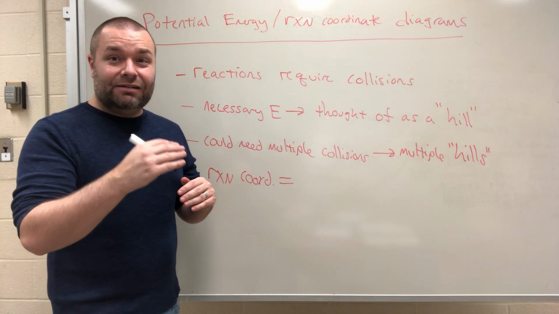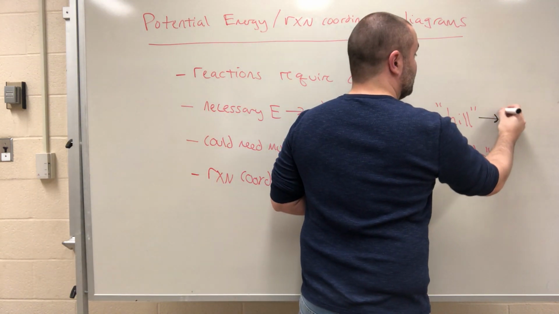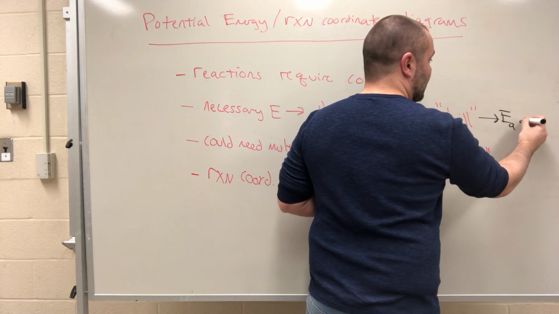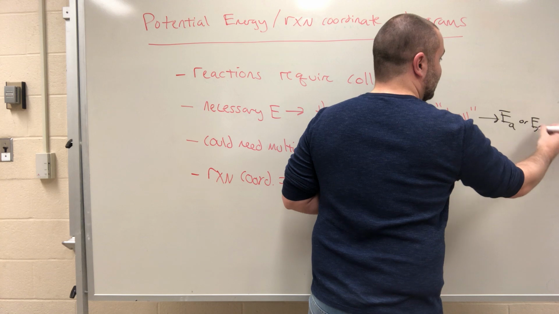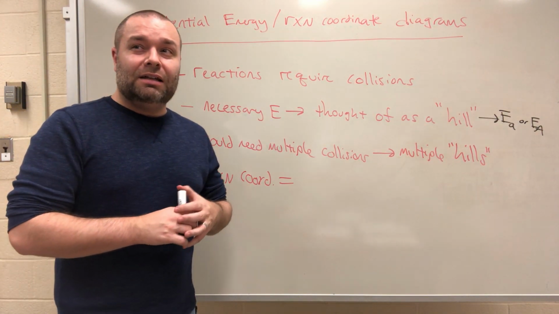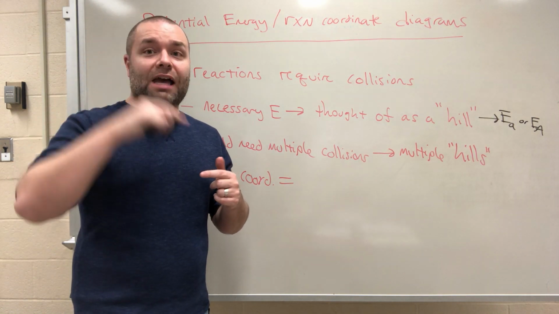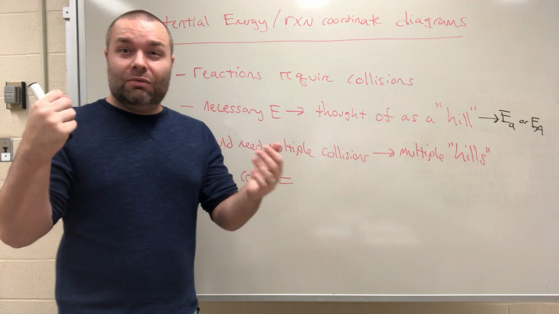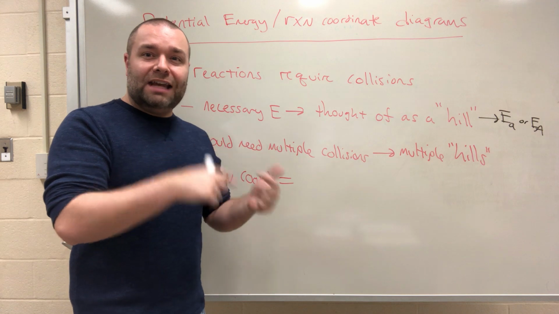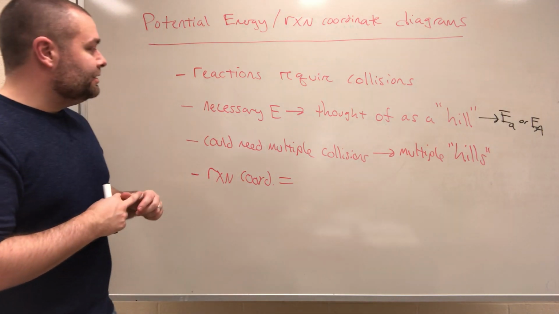The size of that hill, that's our E sub A. So when we discussed activation energy last time, and we could use E sub small a or E sub big A, the connection I'm trying to make now and what it actually means is it's an amount of energy that has to be overcome, right? When things hit each other, it's the amount of energy that the collision has to have for us to take reactants and make them products, okay?